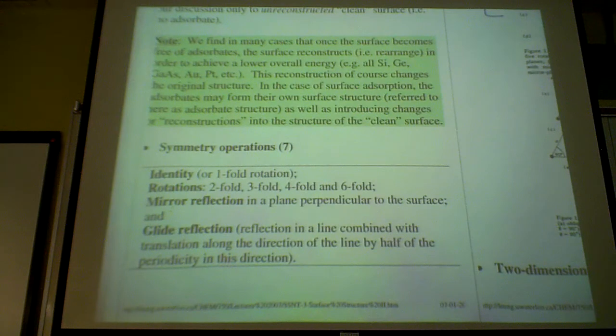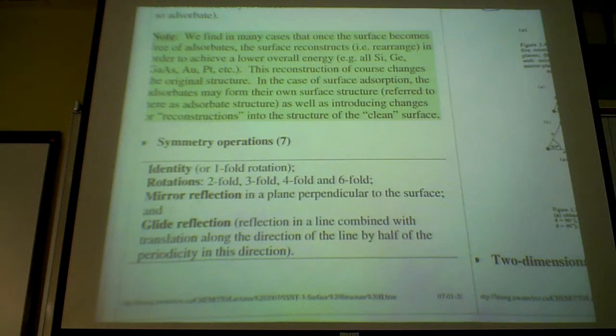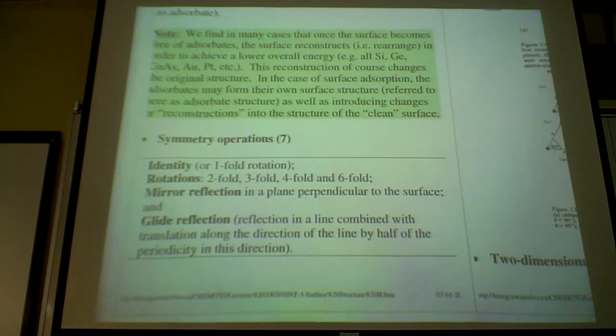You always have the identity operation. Then you have 4 different rotations: 2-fold, 3-fold, 4-fold, 6-fold. Notice there is no 5-fold or 7-fold, because nature does not like 5-fold symmetry at all. You only have these 4 different types of rotation.